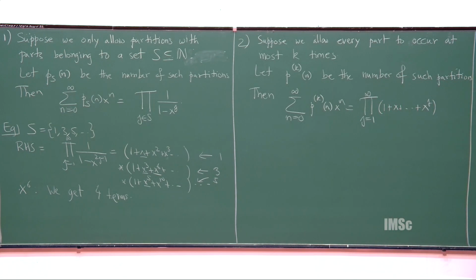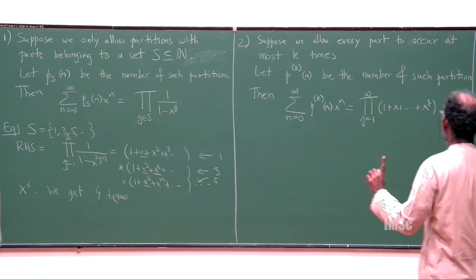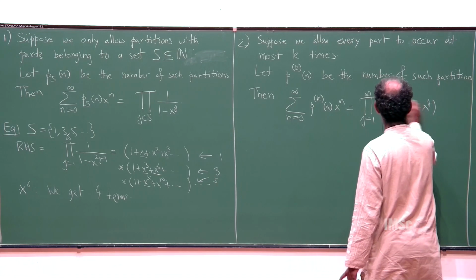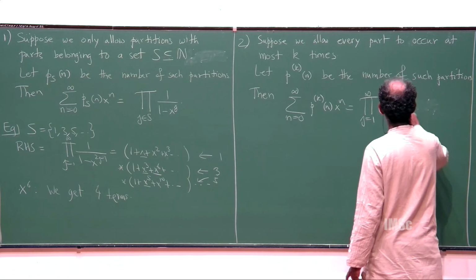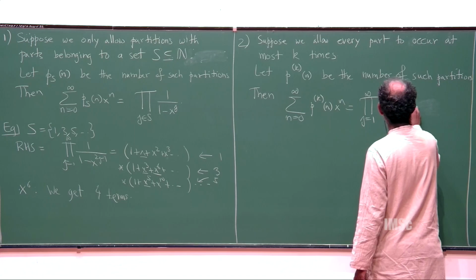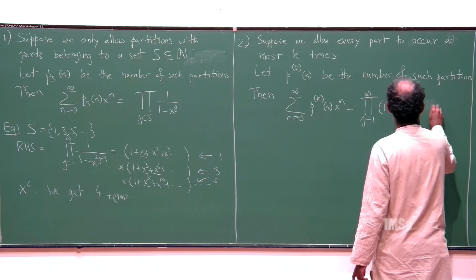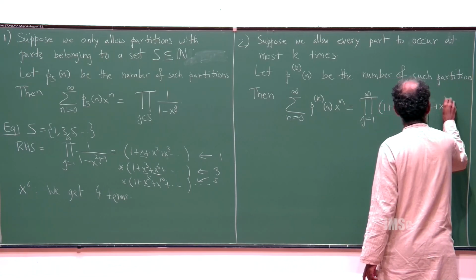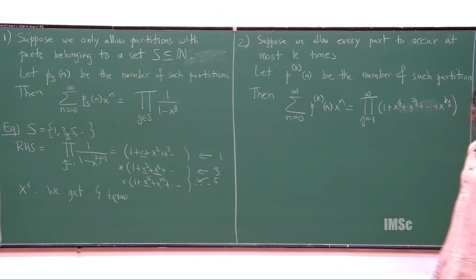Right? So it's the same idea. Oh, thank you. Sorry. Yeah, x to the j. Thank you. I was being sloppy. Let's go slowly. It is 1 plus x to the j plus x to the 2j plus up to x to the kj. Okay. So how does this look?